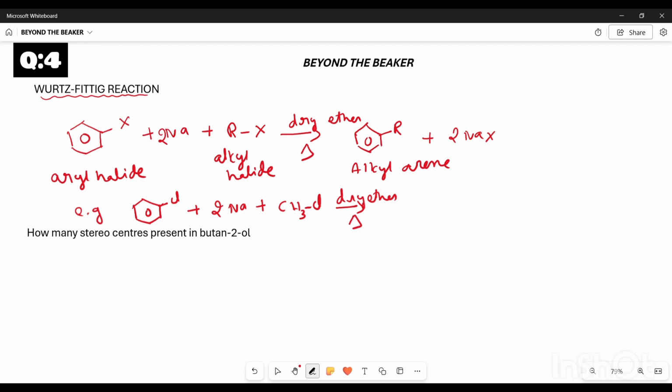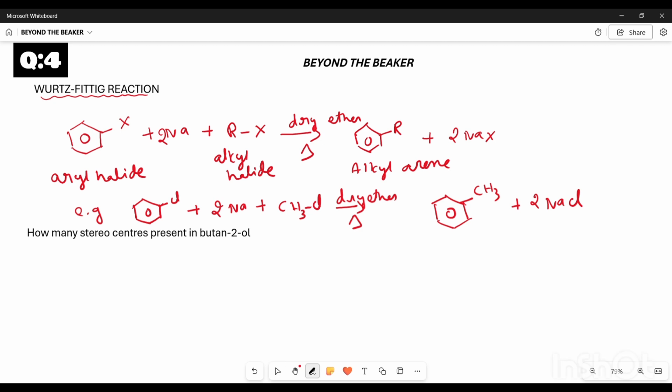Chlorobenzene and methyl chloride in presence of metallic sodium react together to give toluene, an alkyl arene, along with 2NaCl. This reaction is called Wurtz-Fittig reaction.